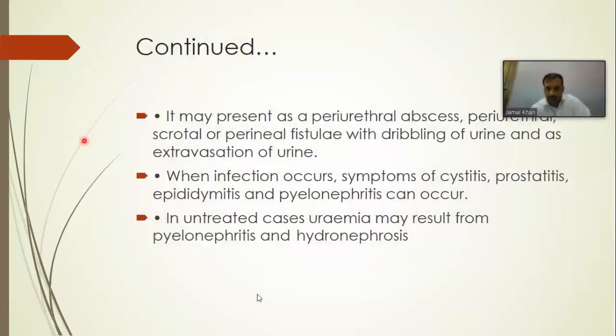It may present as a periurethral abscess, a periurethral, scrotal or perineal fistula with dribbling of urine, and as extravasation of urine. When infection occurs, symptoms of cystitis, prostatitis, epididymitis, and lymphangitis can occur. In untreated cases, uremia may result from pyelonephritis.